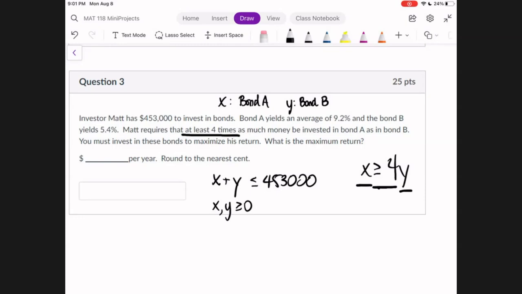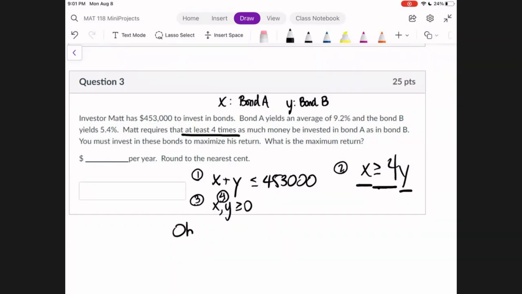Okay. You invest these to maximize your return. So I want my yield to be the largest. So these are your constraints here. Right? That x is greater than 0, y is greater than 0. Those are 3 and 4.